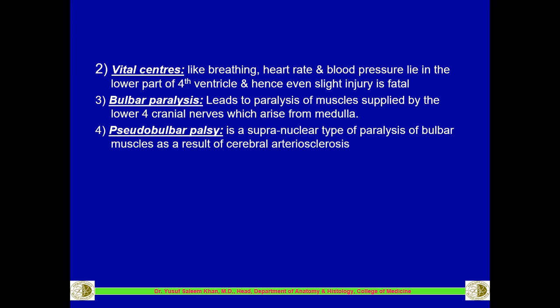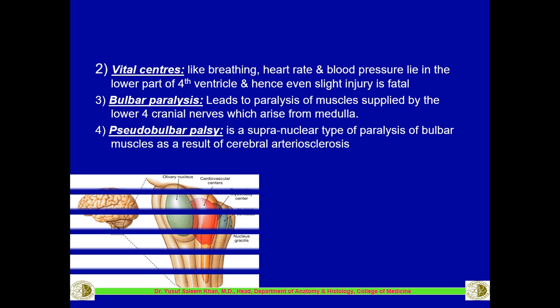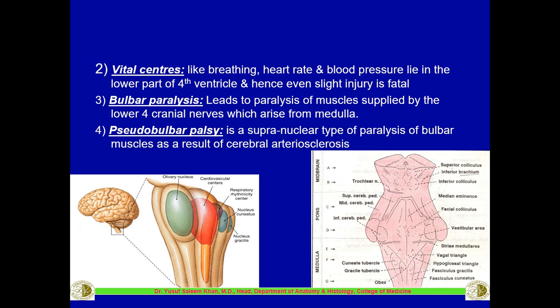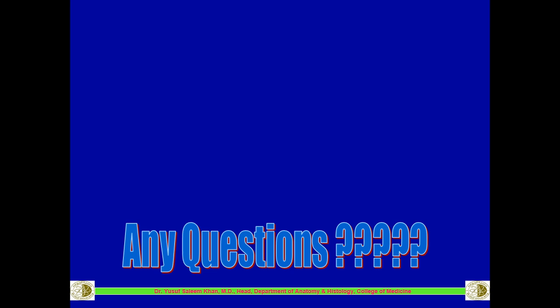Then there is also a condition called pseudobulbar palsy. It is due to a supranuclear type of palsy of the bulbar muscles as a result of cerebral atherosclerosis. So these are some of the important applied aspects related to this topic.